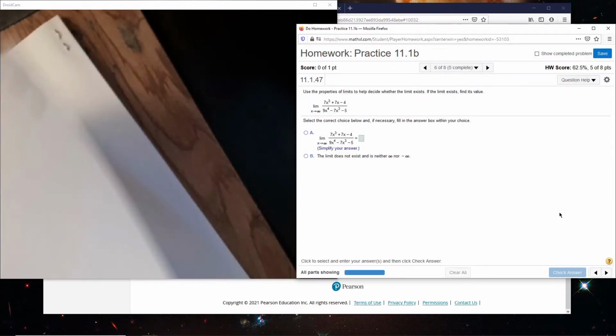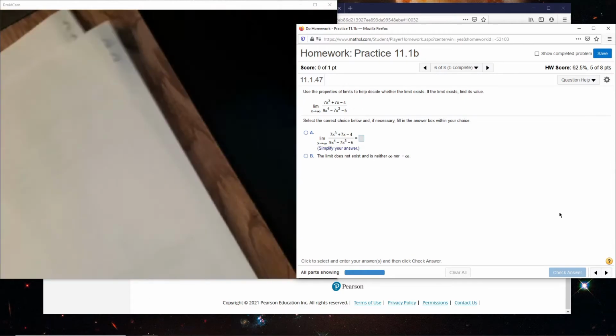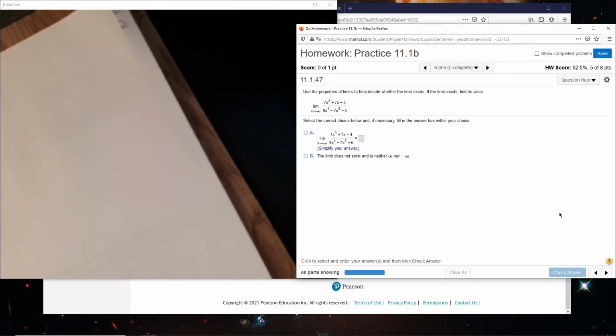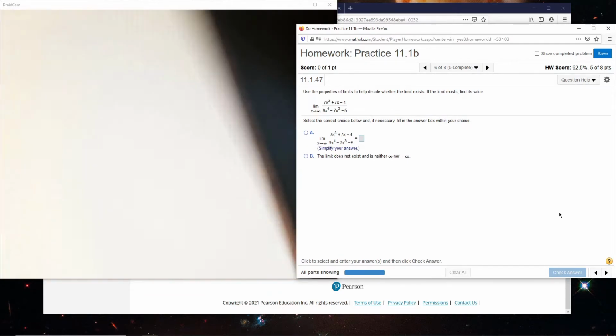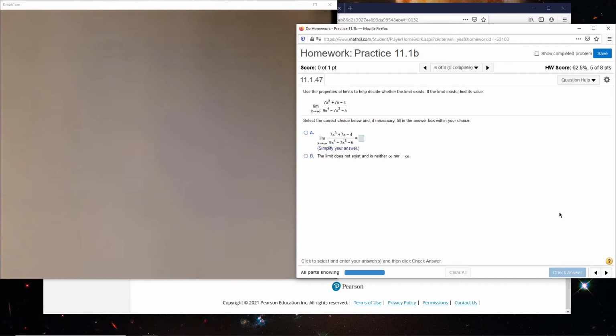Number 6. So if you notice this one, the largest dominant term is in the denominator. If you remember what that means from the video, you can predict what this answer will be.